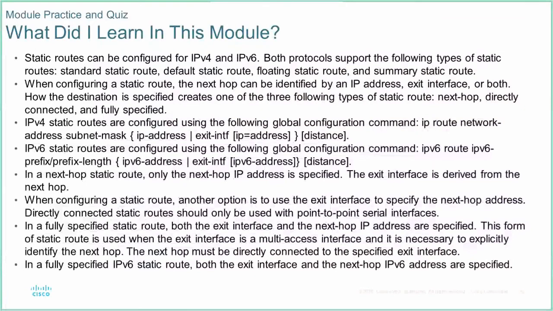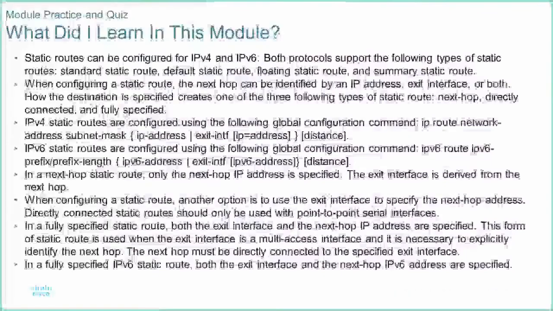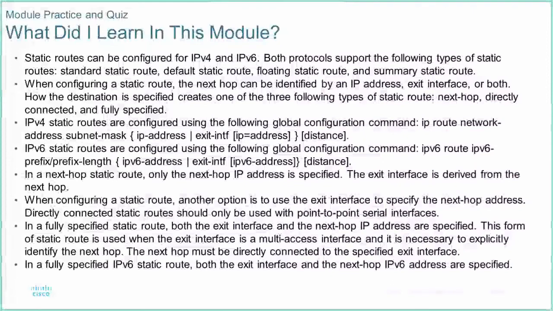If we want to just use the IP address of the next hop, that's fine. That's all we have to do. If we want to specify the exit interface, we can do that as well. We would normally only use that on a serial line.